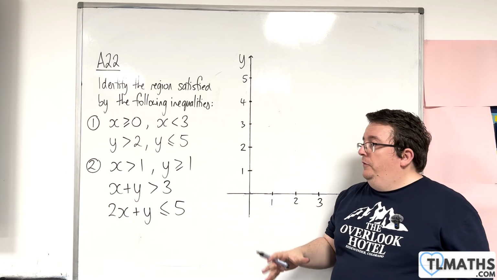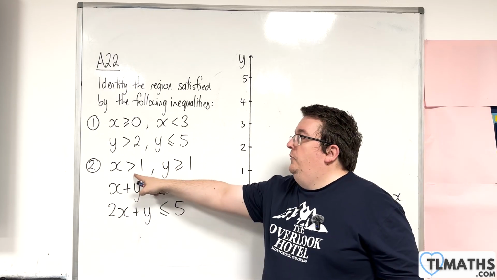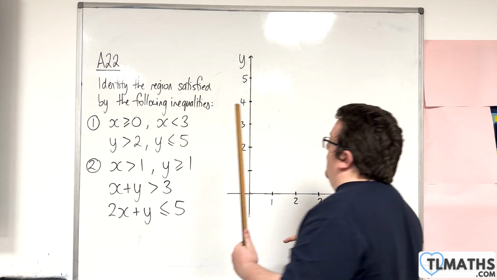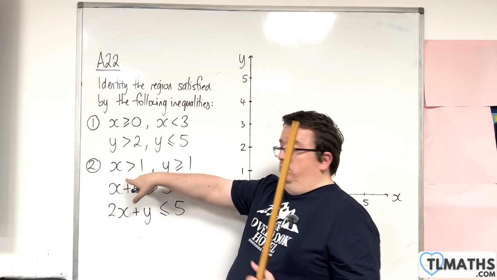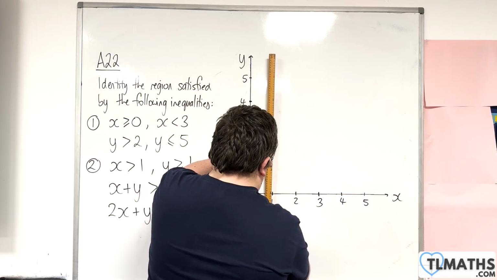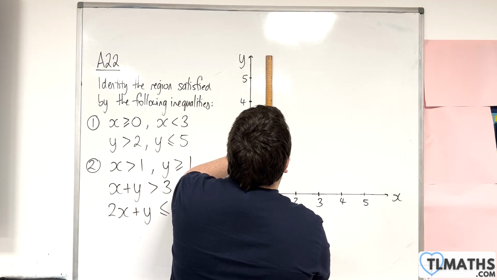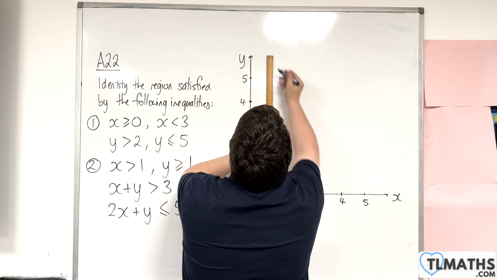So example number 2. We have x is greater than 1. So that will be a vertical line at 1, and it's going to be a dash line. x equals 1, something like this, dashed line.